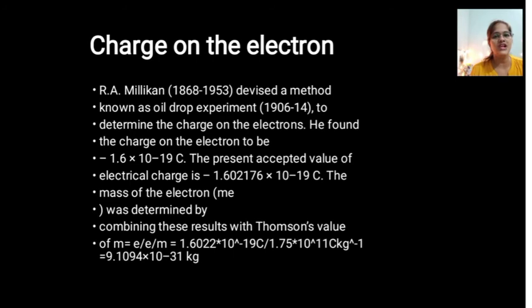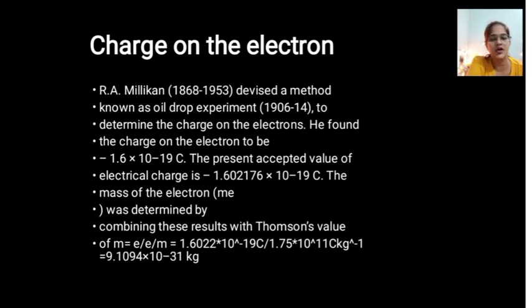When he found the charge on the electron, the mass could be very easily calculated, because J.J. Thomson had already found the charge to mass ratio. So the mass can be calculated easily by some multiplications and divisions. So he also played a great role in getting the charge of the electron.